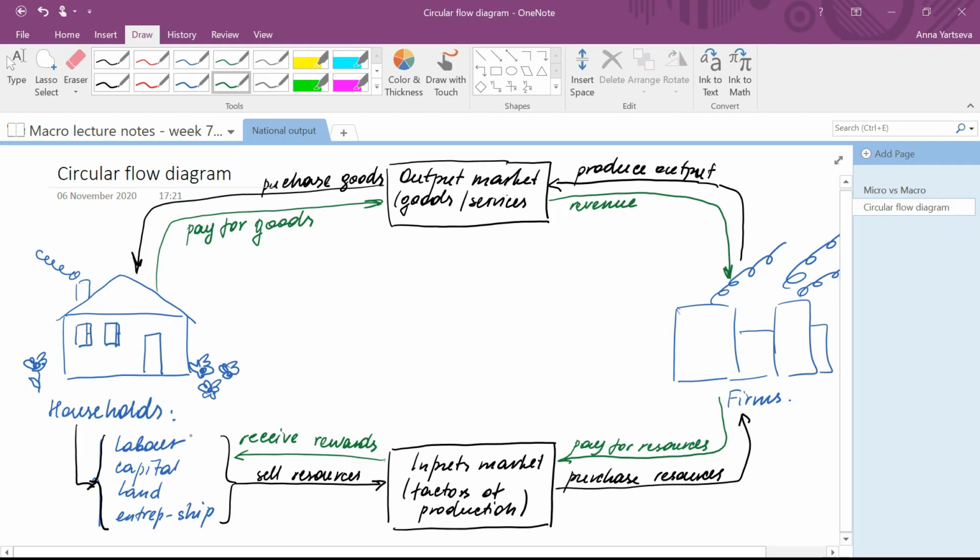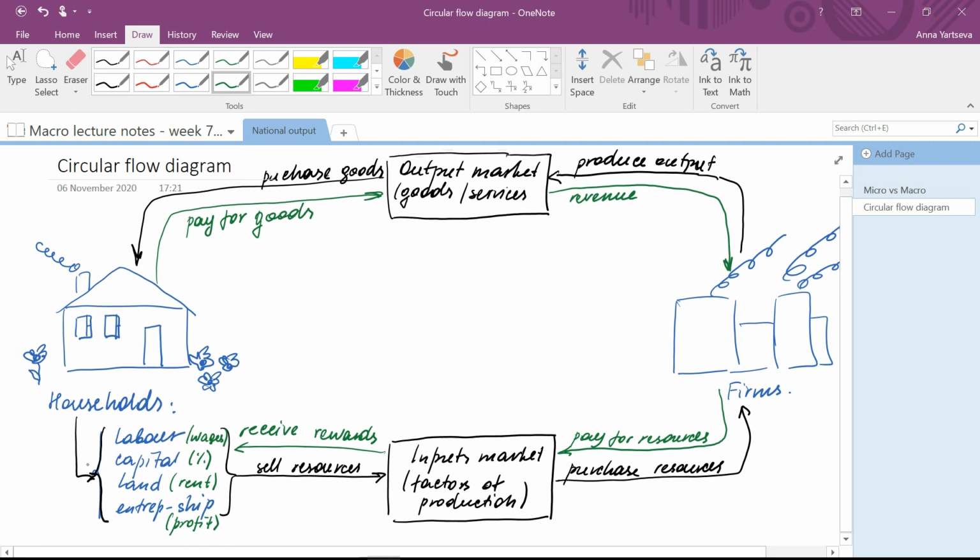For example, labor will receive wages, capital owners will receive interest on the money they've provided to borrowers, landlords will receive rent, and entrepreneurs or businessmen who have created these businesses will keep a share of the profit generated by their firms.